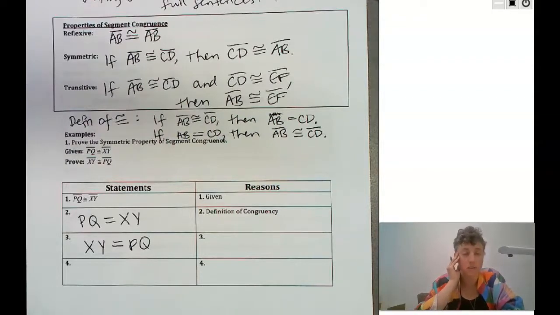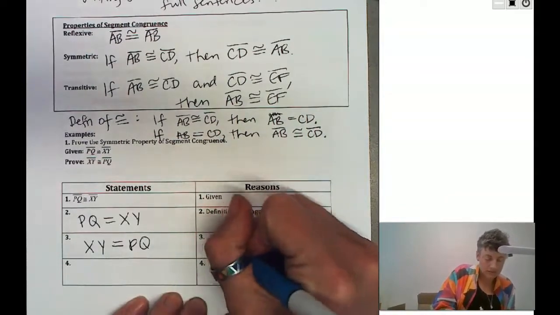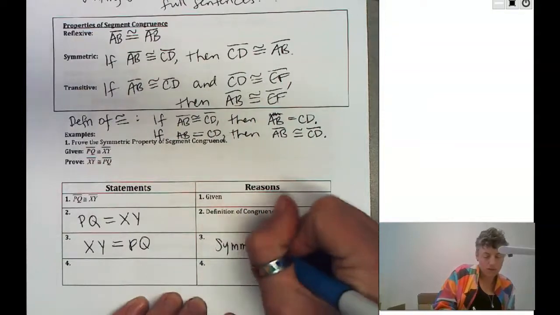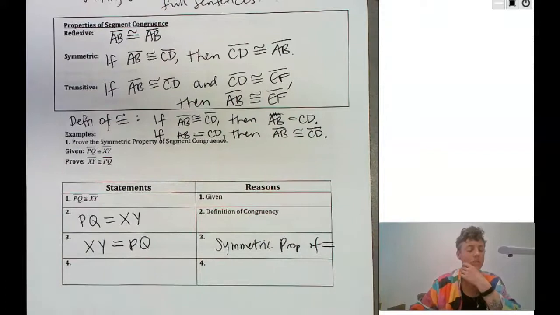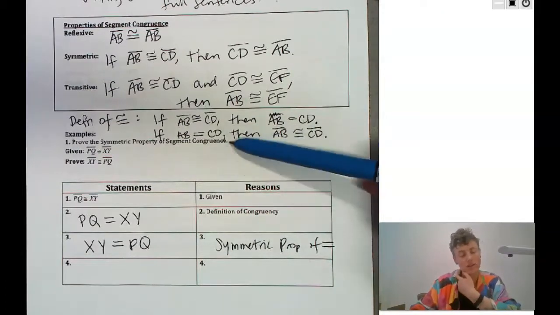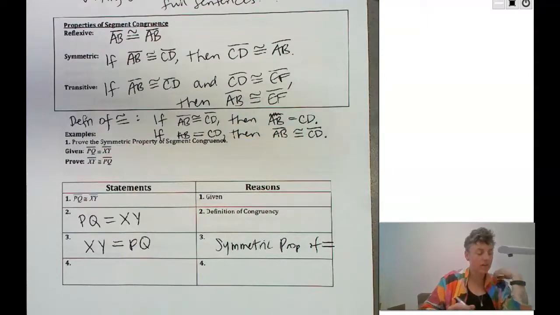Yeah, it's the symmetric property of equality, which is different than the symmetric property of congruence, because one's for things that are equal and one's for things that are congruent. Now we got them in the right order.